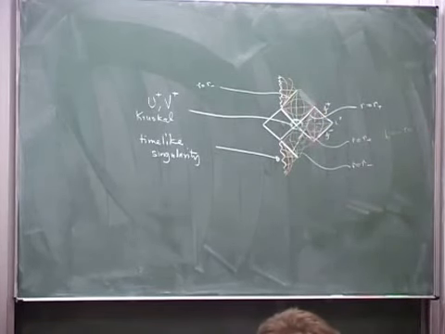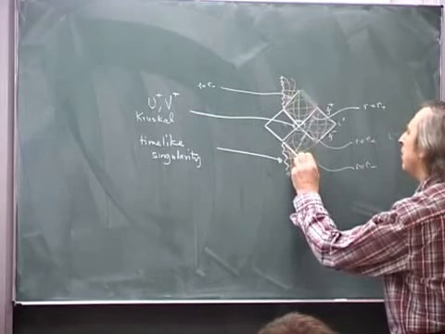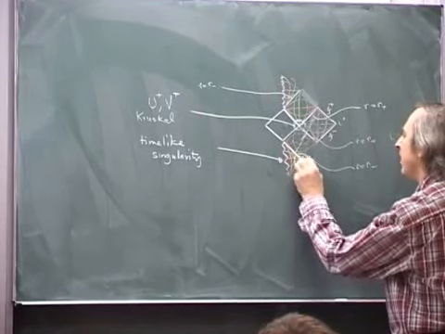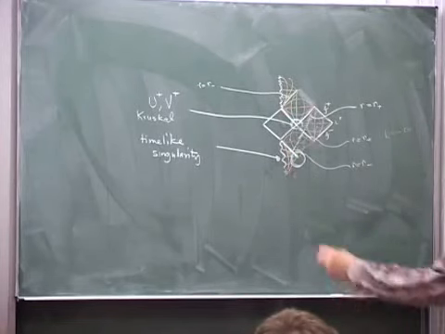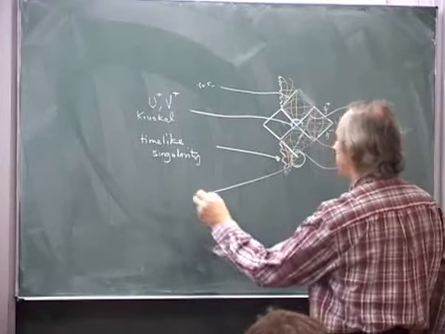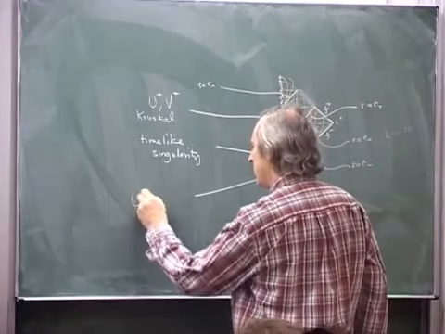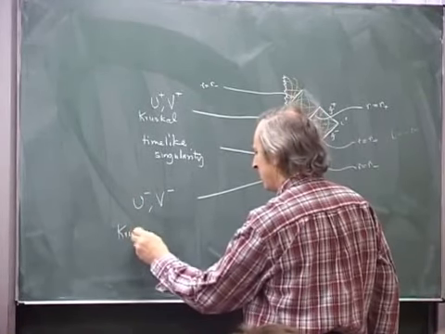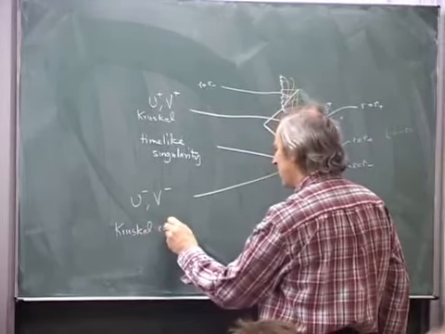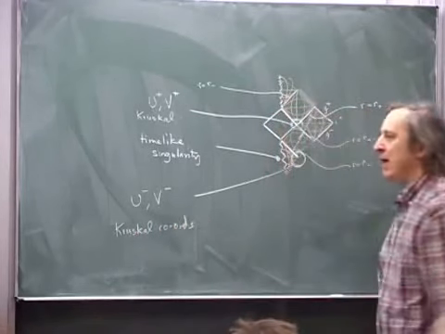And you know that something is peculiar, because this point here looks like there is something missing. So you need to invent some different Kruskal coordinates, u minus and v minus, to get you around that point.